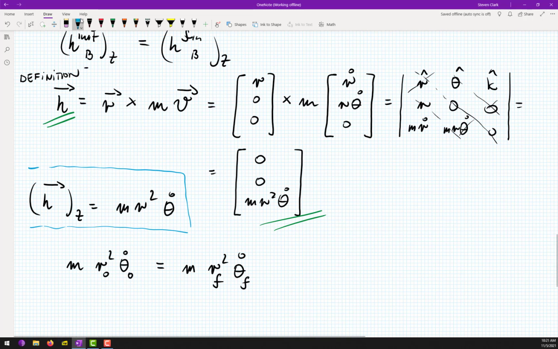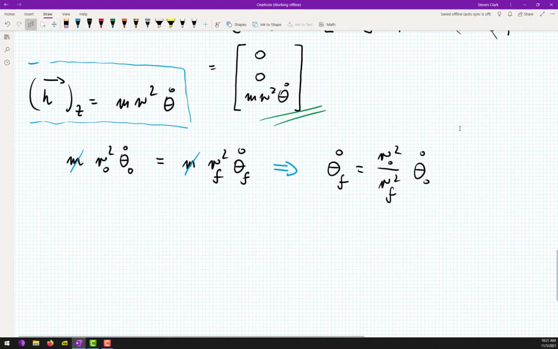M is cancelled out, and we end up with such expression for our theta final. Theta final dot is equal to r0 squared over r final squared times theta initial. Okay, let's plug in values.